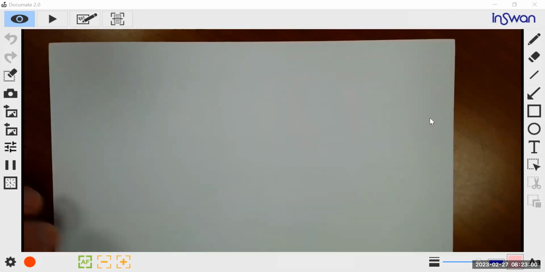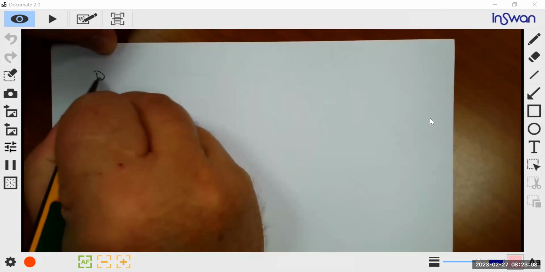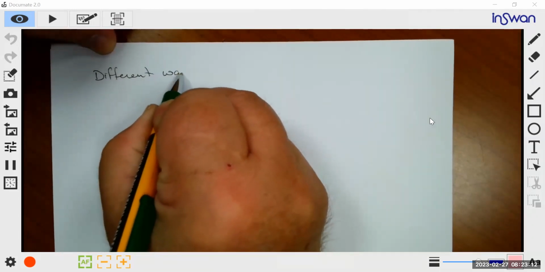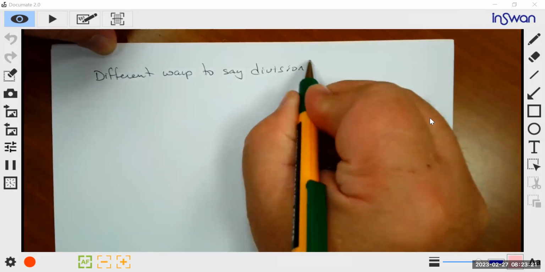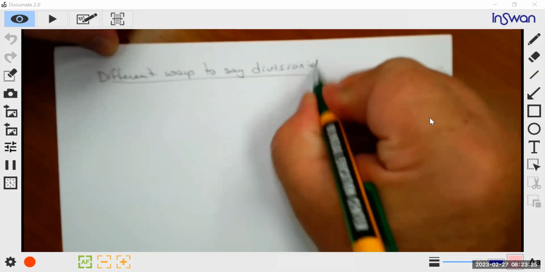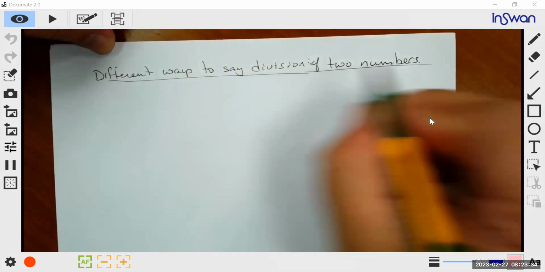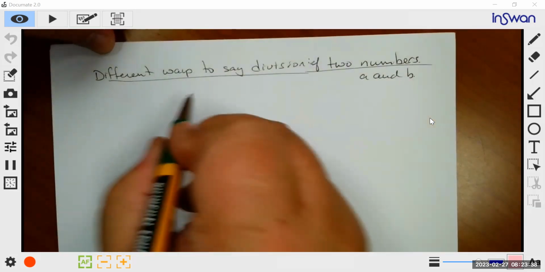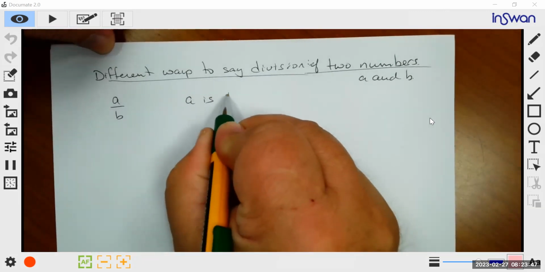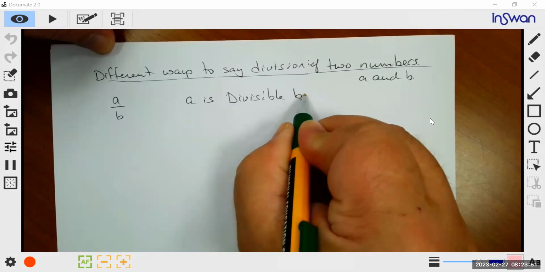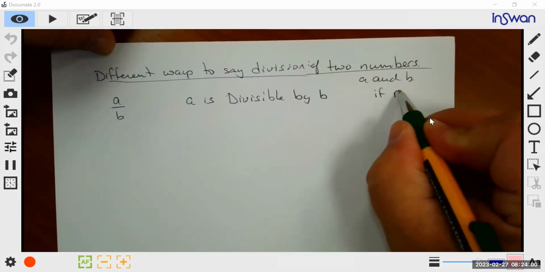All right, let's look at different ways to say division of two numbers, A and B. So we have A divided by B. We say that A is divisible by B if the remainder equals 0.